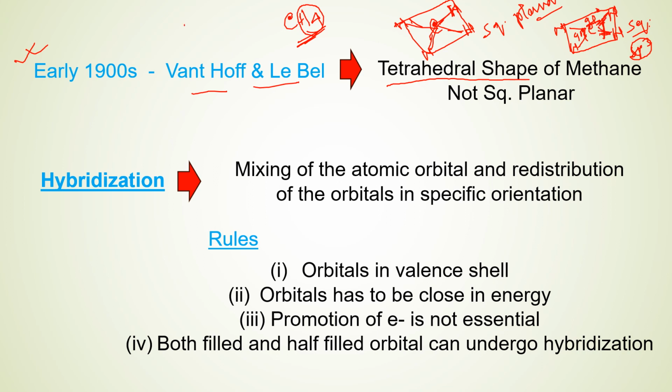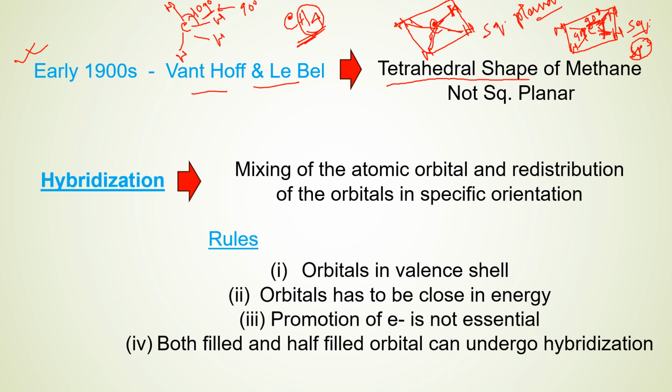Whereas in the tetrahedral geometry, the bond angle between them is approximately 109 degrees, while in square planar geometry it is 90 degrees. So from 90 degrees it goes to 109 degrees to release the bond strain, the bond-bond repulsion.